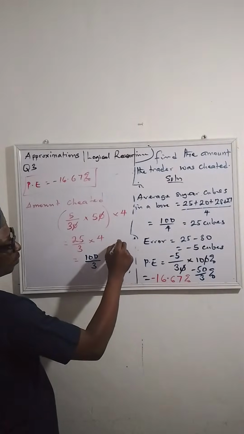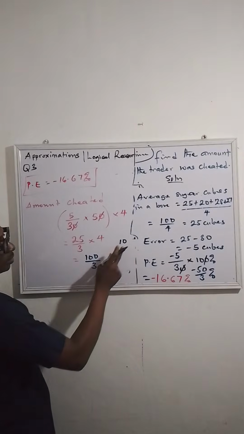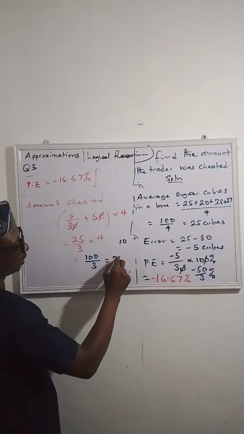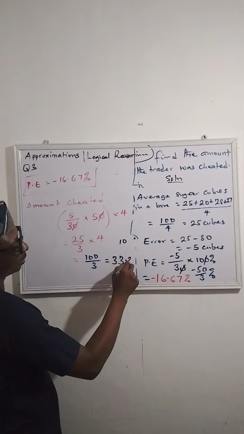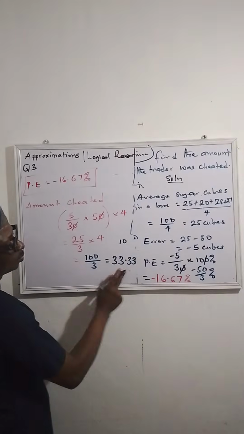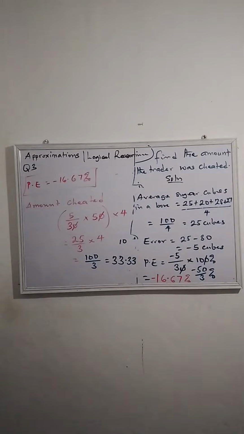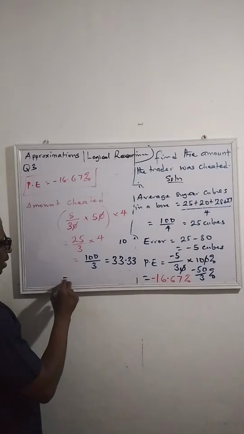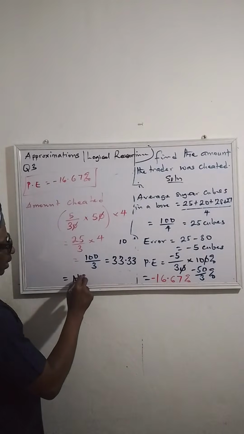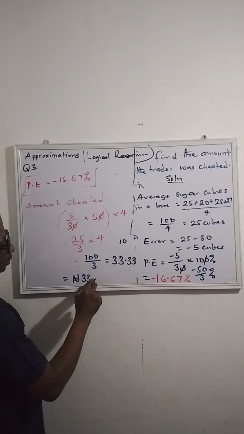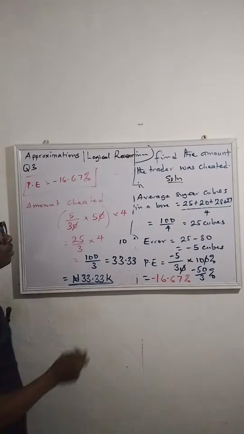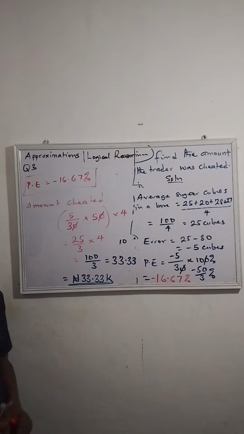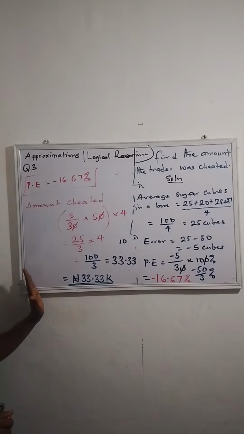It's going to remain 1. Now 3 goes in 10, so that is 3 again. It remains 1. That's 0.33. It must be into 2 DP. So that means the answer is going to be 33 naira 33 kobo. So the trader was cheated by this amount of money. I want to believe you all understand this.